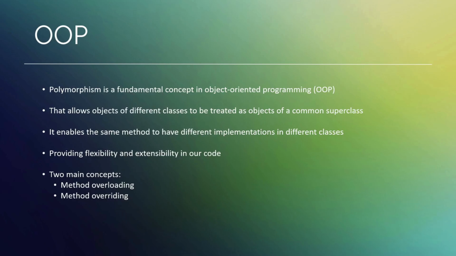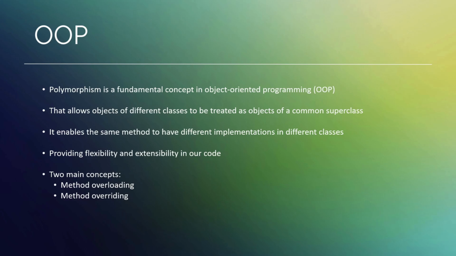So let's begin. Polymorphism is also a concept in object-oriented programming. It allows us to have different implementations of the same method in different classes. Let's say we define one method, but we want different outputs from that method based on different classes, on inheritance.